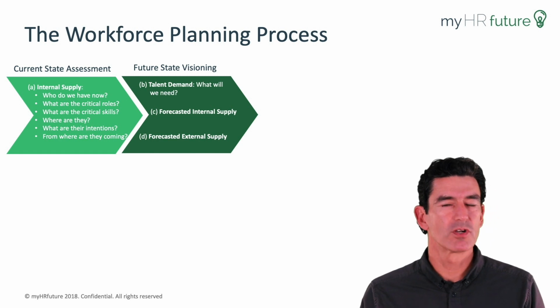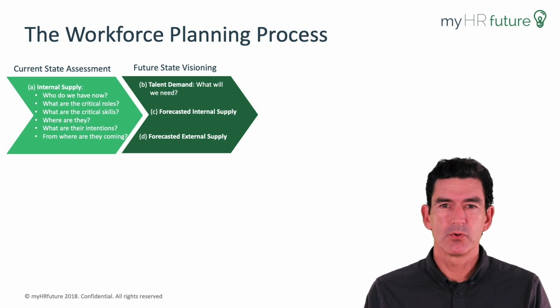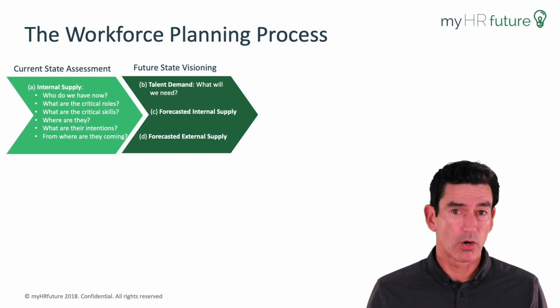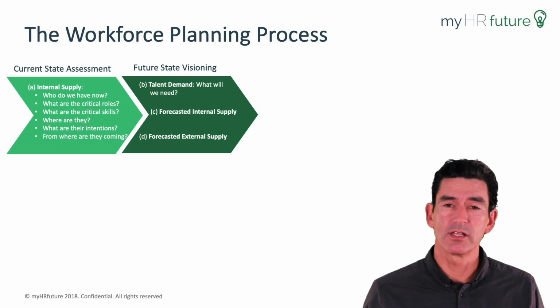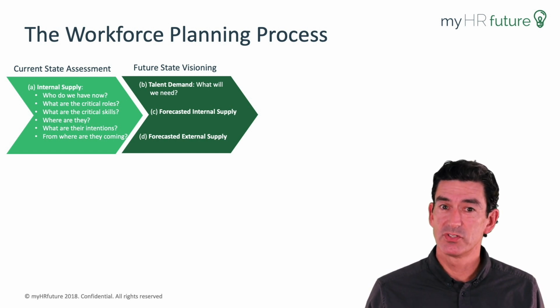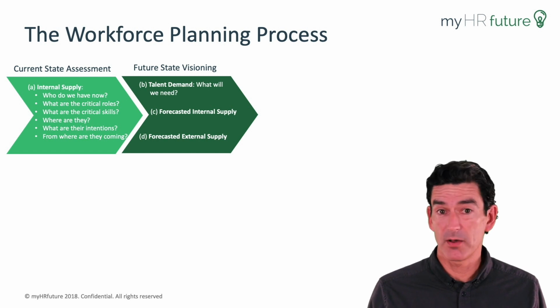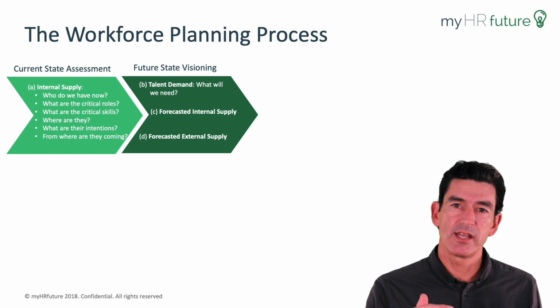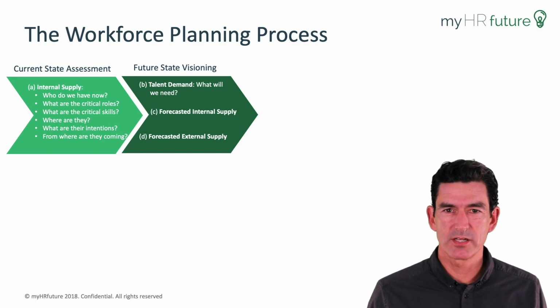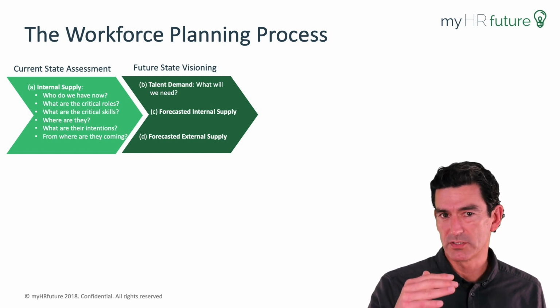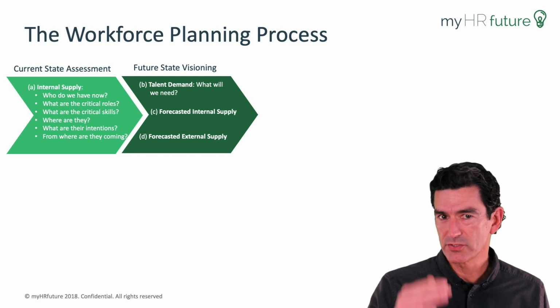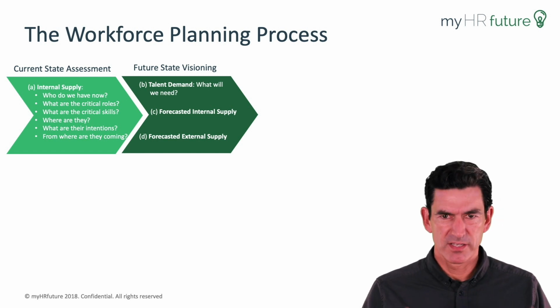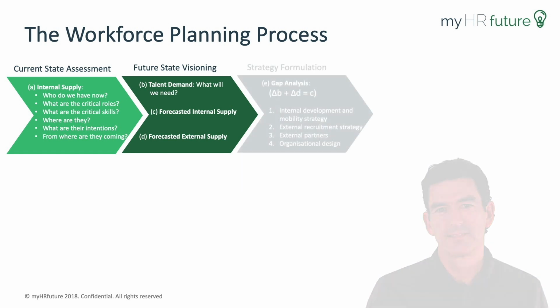So what makes more sense then? To develop people internally, move people internally, or maybe acquire talent externally? We also have to be attentive to where that talent is. That talent might not be in our market. It might be elsewhere. So again, understanding our talent demand given our business strategy, auditing our internal supply and forecasting that, and also forecasting and assessing the external supply of talent.